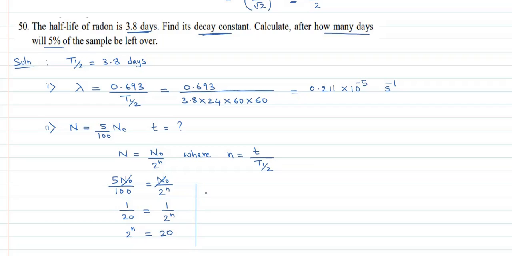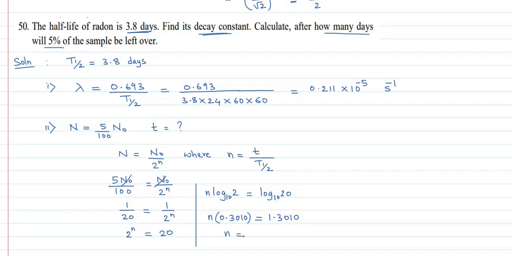So if I take log on both sides, n log 2 to the base 10 is equal to log 20 to the base 10. So this is n into, using the log table, 0.3010, is equal to log 20, which is 1.3010.